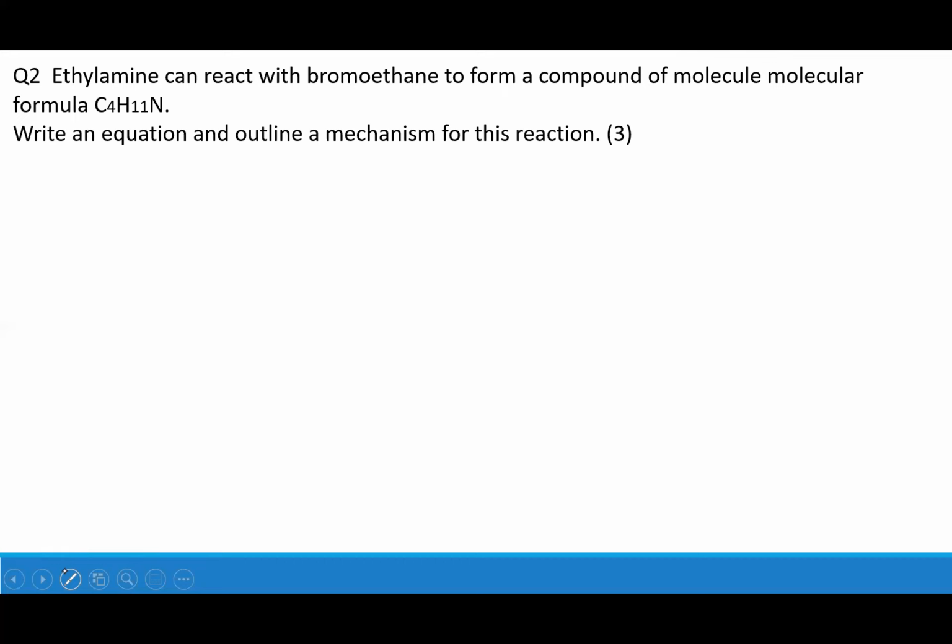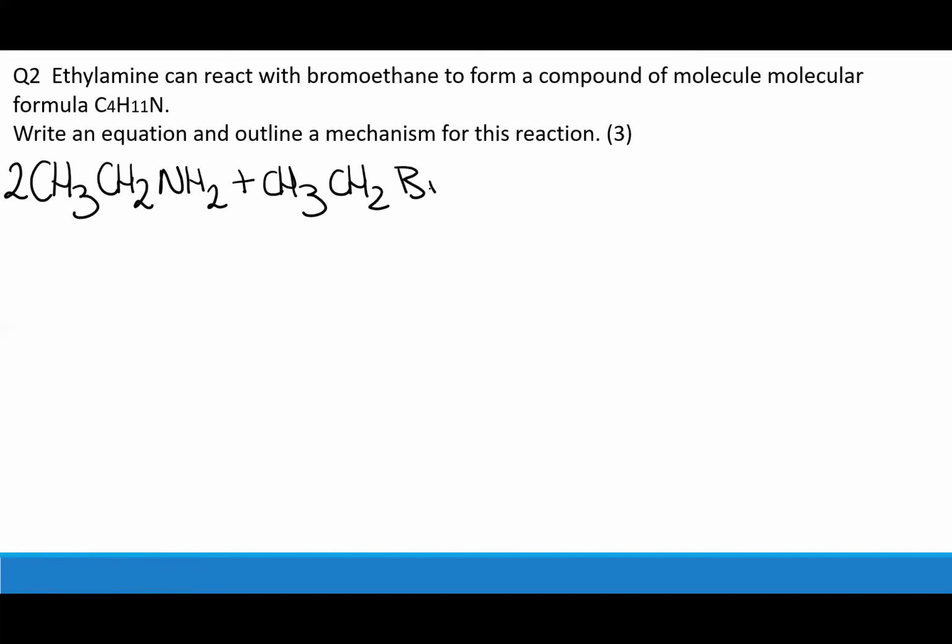So I'm going to write this equation out first. So I'm going to write out ethylamine. The ethylamine would be CH3CH2NH2, and bromoethane would be CH3CH2Br.